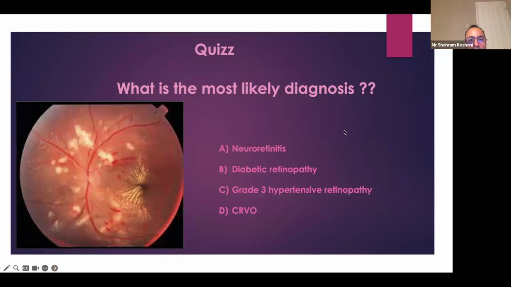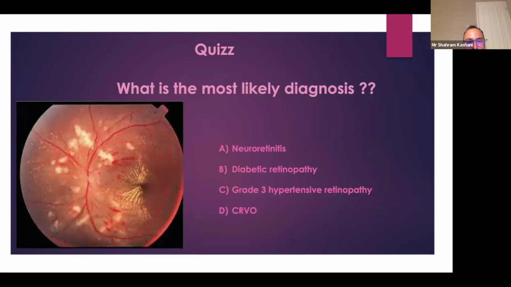Okay, right. Now, don't adjust your glasses. The picture is not great. So you've got a patient here who has got what you see. Is this neuroretinitis? Is it diabetic retinopathy?